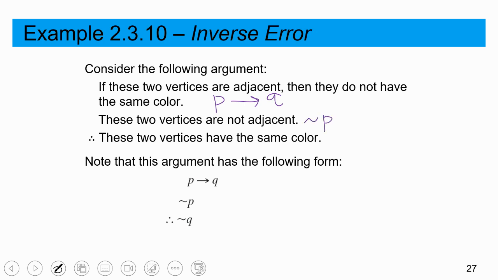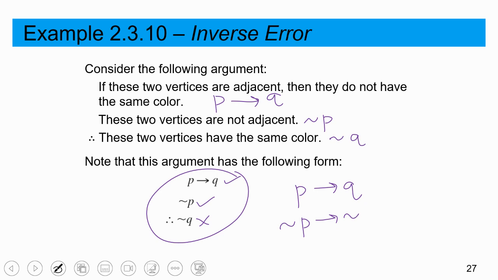That is not P. So then we have concluded not Q. So here's the form. P implies Q, that's true. Not P is true. So we conclude not Q. We cannot make that assumption. So if P implies Q, we cannot say that not P implies not Q. That's an inverse. This is the inverse of the statement. And we learned earlier that the inverse of a statement is not logically equivalent to the original statement.